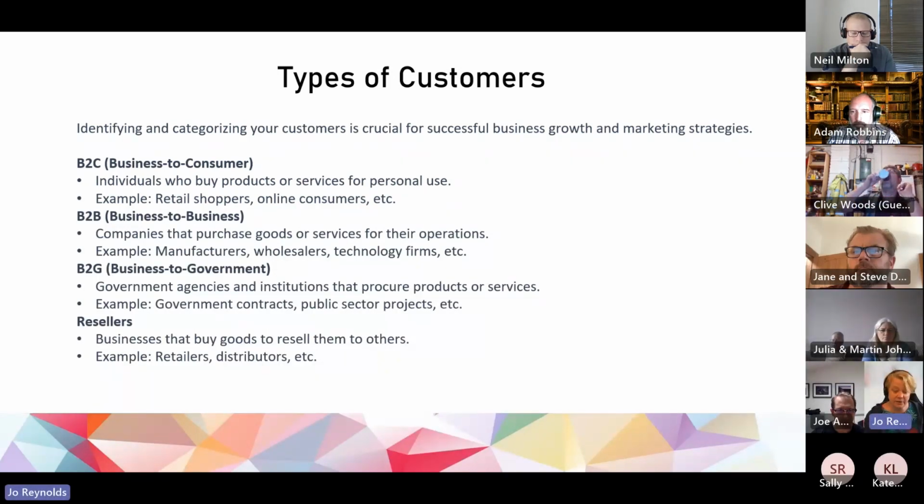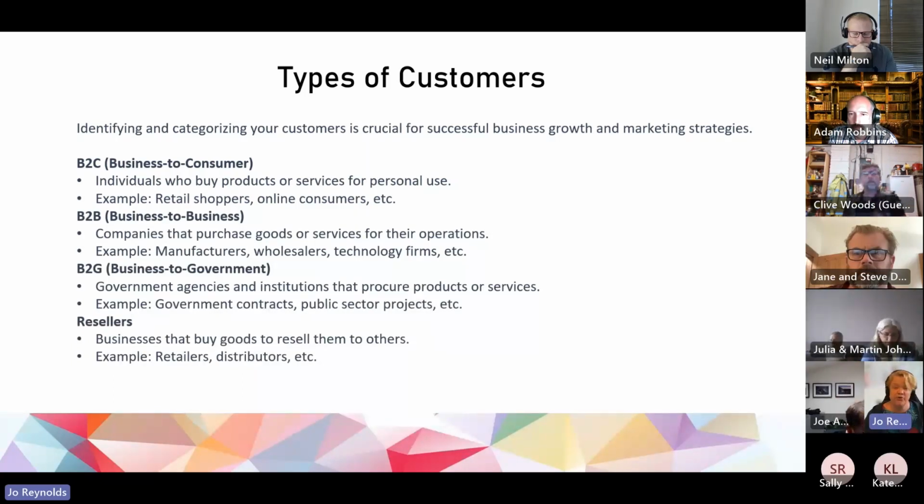Resellers are another way that many of us, and particularly Clive, you will probably find you will use resellers, and probably Steve as well. I'm guessing you might use resellers as well for some of your items. Okay, so it's important if you're using resellers to differentiate them from B2B.